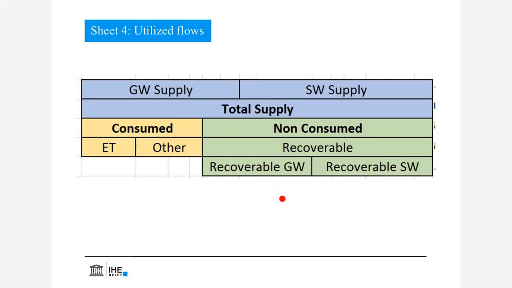Sometimes you have return flow to groundwater from groundwater withdrawals, or return flow to groundwater from surface water withdrawals. And the same for this part. So this is return flow to surface water because of groundwater withdrawals plus return flow to surface water because of surface water withdrawals. So you have this crossing in the calculation.